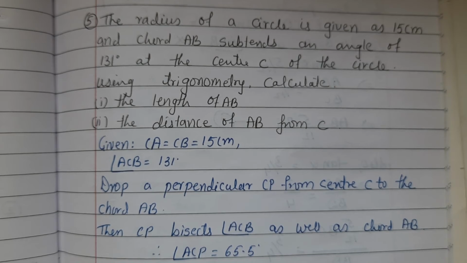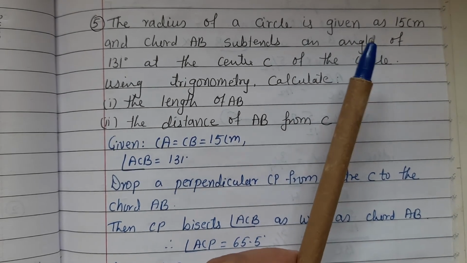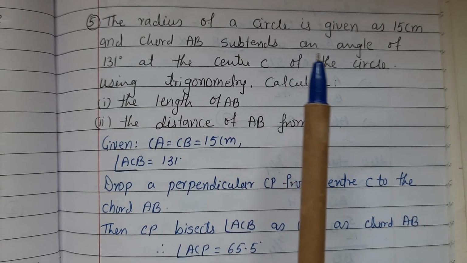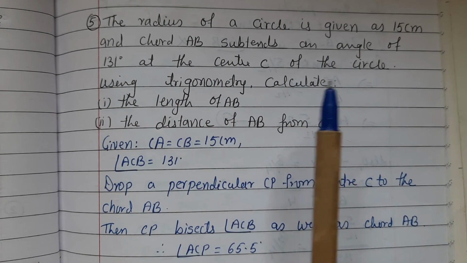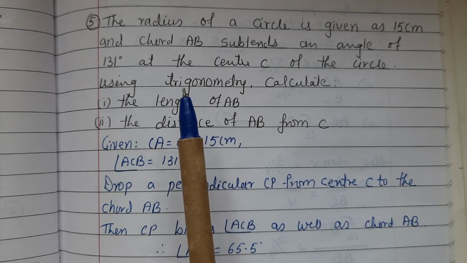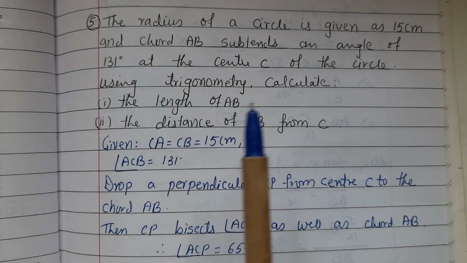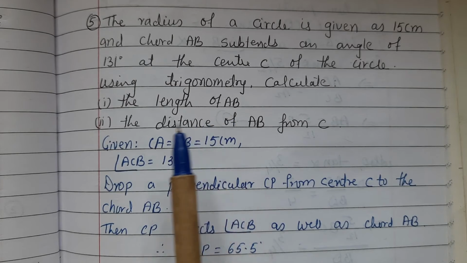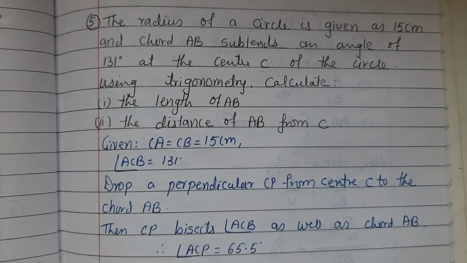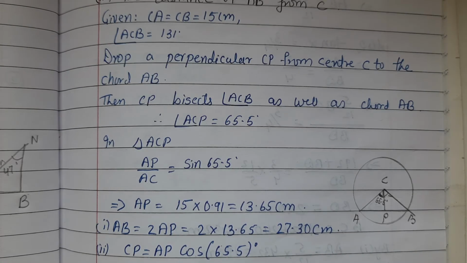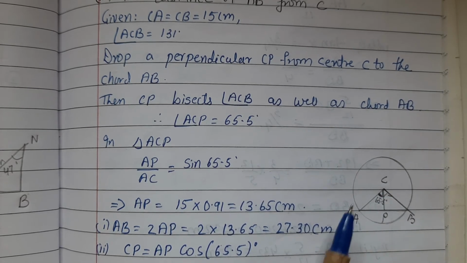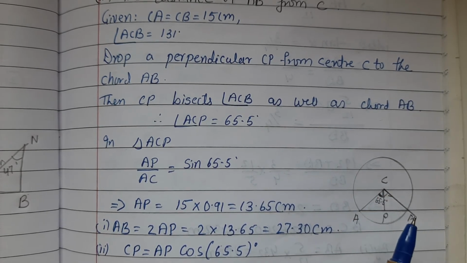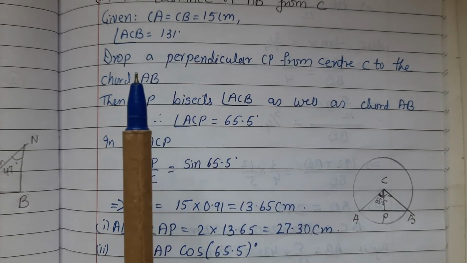Sum number 5. The radius of a circle is given as 15 centimeters and chord AB subtends an angle of 131 degrees at the center C of the circle. Calculate using trigonometry: first part, length AB; second, the distance of AB from C. Given CA is equal to CB is equal to 15 centimeters and angle ACB equal to 131 degrees.